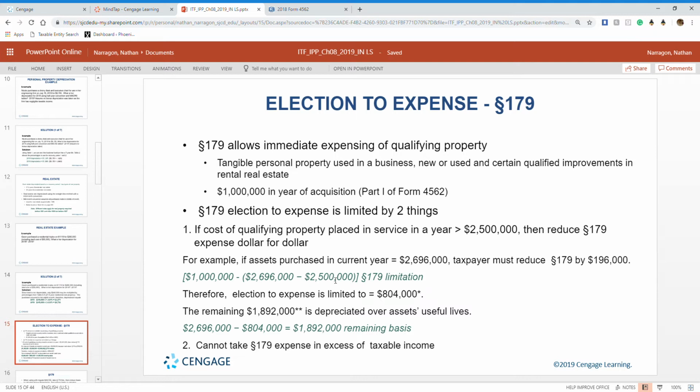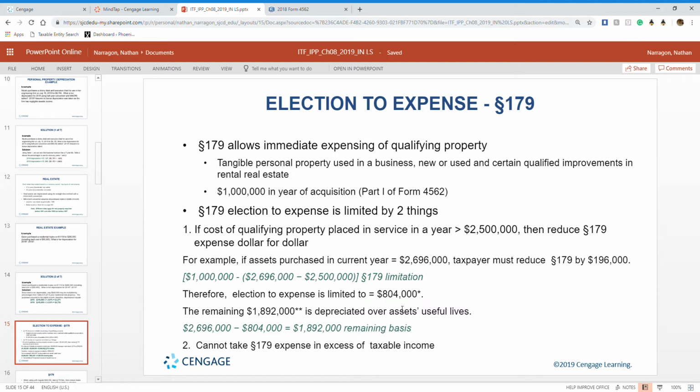So they use this example right here. Assume that we purchased enough assets that were $2,696,000. The taxpayer must reduce Section 179 by $196,000, or basically $1 million minus $196,000, which makes our Section 179 limit only $804,000 that year due to us buying more than what we should.